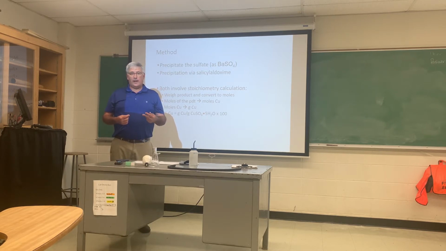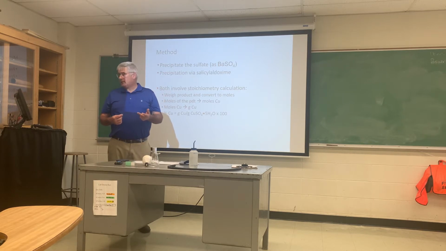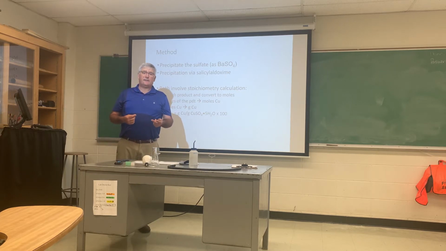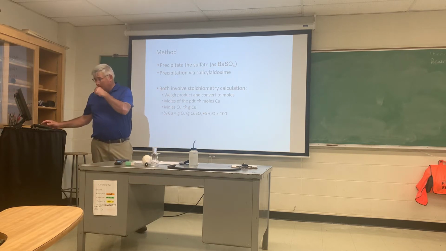For the second reaction, we're going to form a complex with an organic molecule, salicylaldoxime, and we'll precipitate that out, and from that directly precipitate the copper and determine how much copper was present utilizing calculations. So those are the two methods that we're going to do.